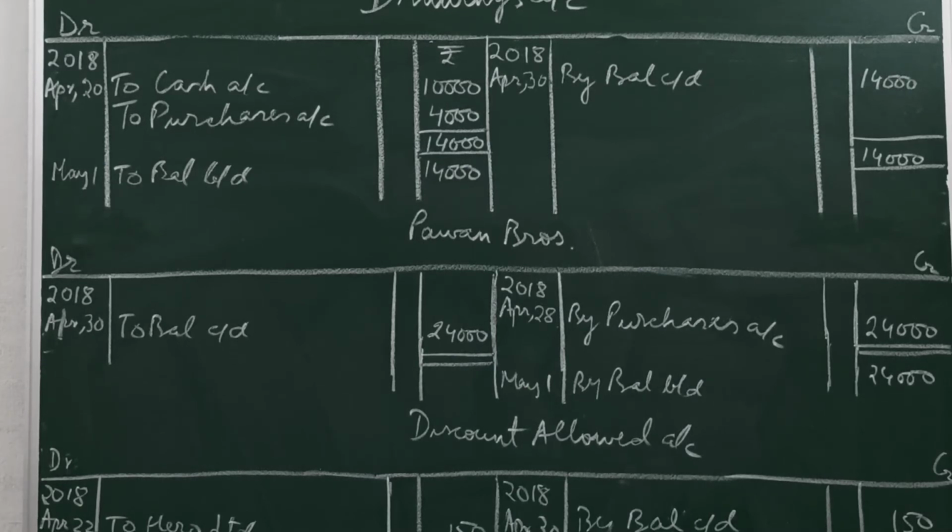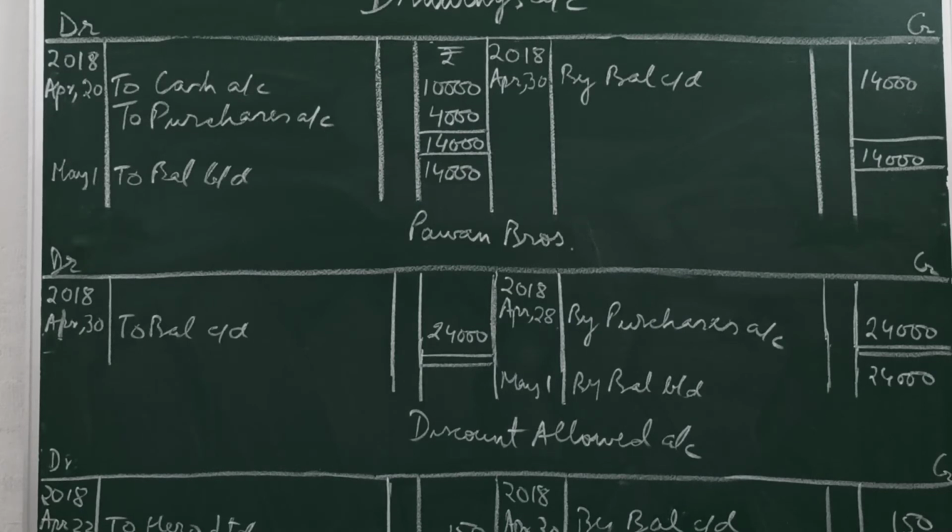So on the debit side 20th to cash account 10,000, to purchase account 4,000, and when you balance, the debit side is more, so posting will be on the credit side. 30th April by balance carried forward 14,000, totaling on both the sides. May 1st to balance brought down 14,000, it is a debit balance.